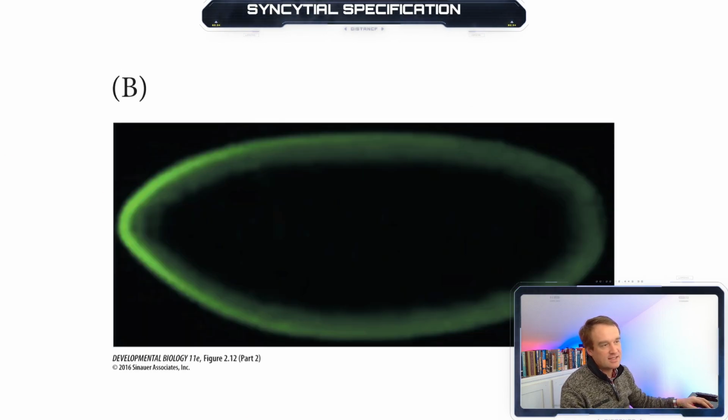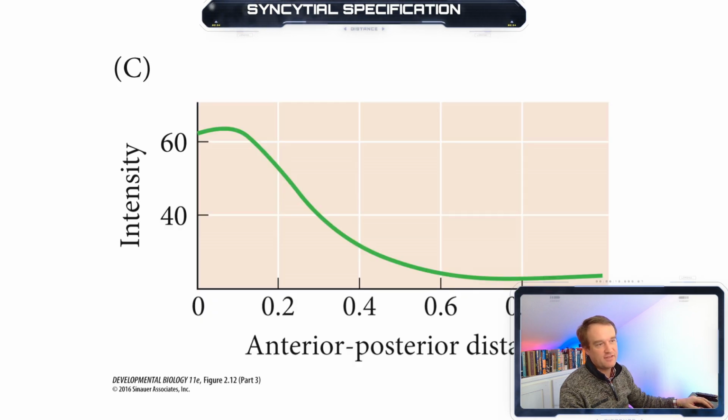Like I said, we're going to talk about gradients coming up and differential expression of Hox genes and things of that nature. But where you are, based on these gradients, determines what your cell fate is going to be. You can see this GFP staining on this actual Drosophila egg, very bright on this end, very dim on this end. If we were to graph that, on the anterior end, towards the head, there's a lot of this protein.